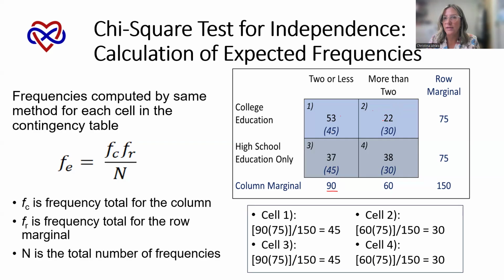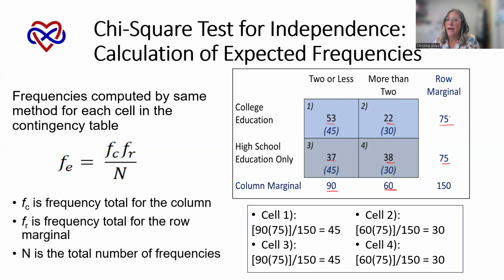Again, 22 plus 38, those were our observed frequencies, add those up, and we have our column marginal for the second one. Then we do the same for the rows. So 53 plus 22 is 75 for the row marginal, and 37 plus 38 is 75 for that row marginal.